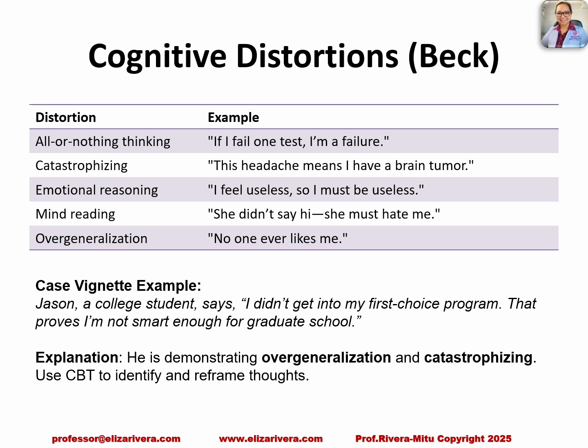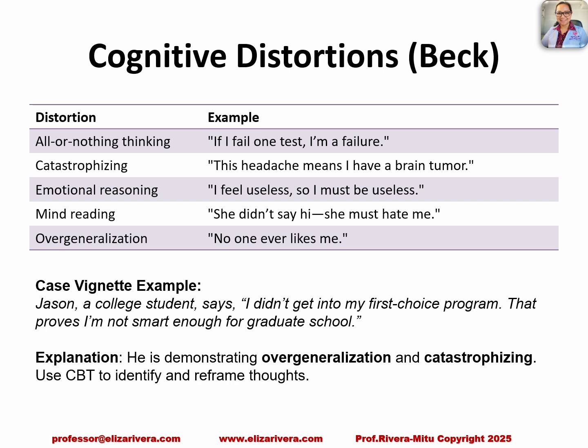Catastrophizing exaggerates the severity of events, such as assuming a headache signals a brain tumor. Emotional reasoning equates feelings with facts, while mind reading involves assuming others' negative thoughts without evidence. Overgeneralization takes one negative event and applies it broadly.